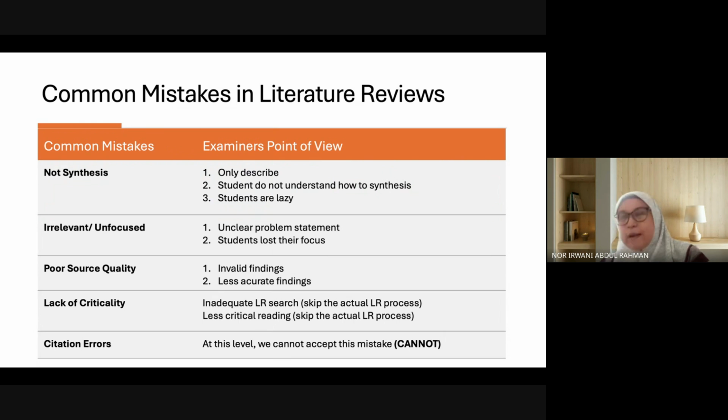At the time I was completing my PhD study, there was no such thing as ChatGPT or Gemini. They only had Grammarly and Google Translate. So everything was fresh, 100% written by me, by us.